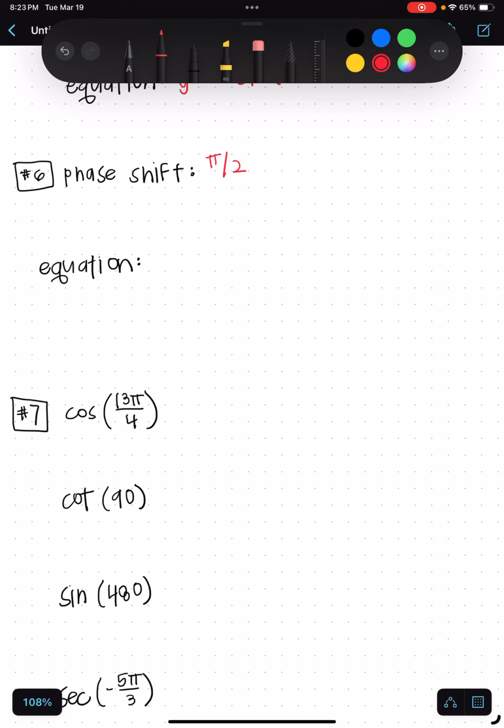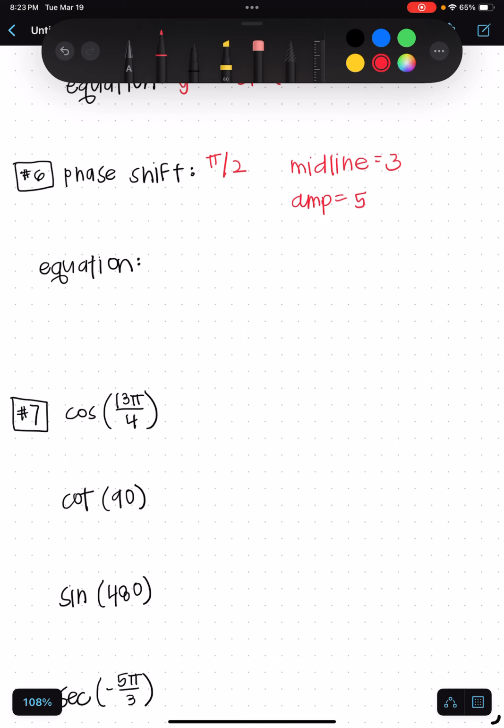So the midline will be right in between there, between -2 and 8, which gives me 3. So I'm going to just kind of write this stuff down. The midline is at 3. Then if I go from my midline up to the top, so I'm going from 3 to 8, that means my amplitude is 5.